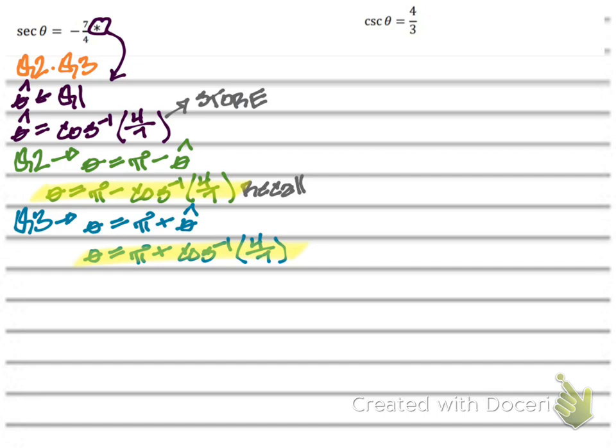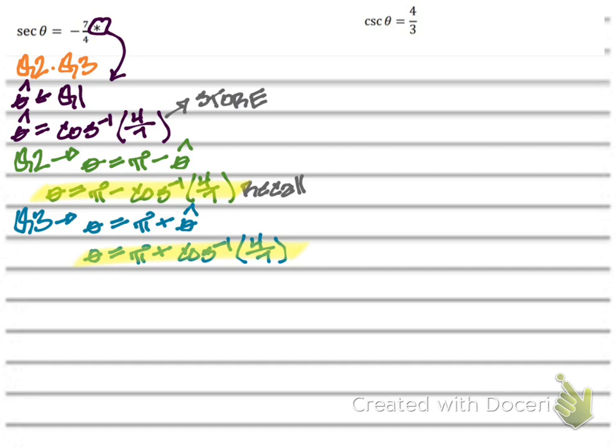This is not working. On my calculator, it's different, this one I'm using, than what you would do on Alex. So pi minus the inverse cosine of 4 over 7 gives me 2.17, which I feel like that's in quadrant 2, right? Because pi is 3.14, so that feels like quadrant 2 to me. And then if I do pi plus, I get 4.1, so that feels like quadrant 3.